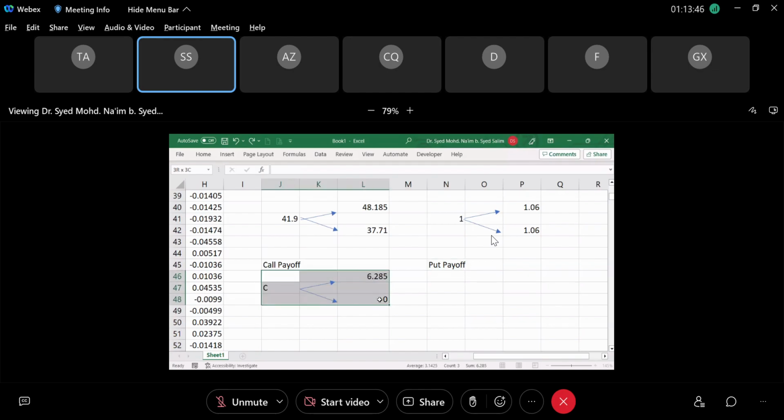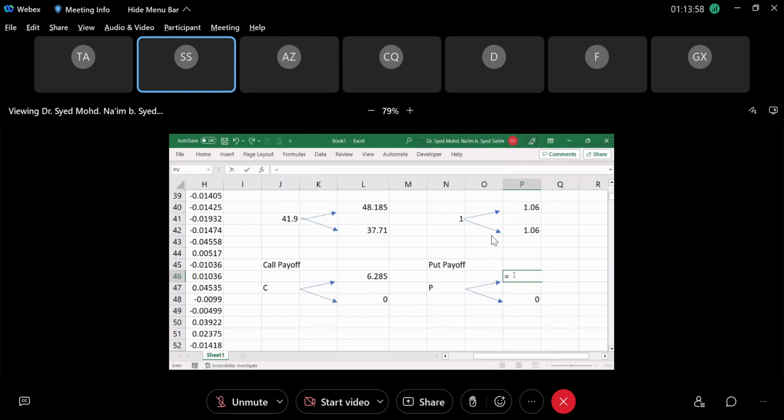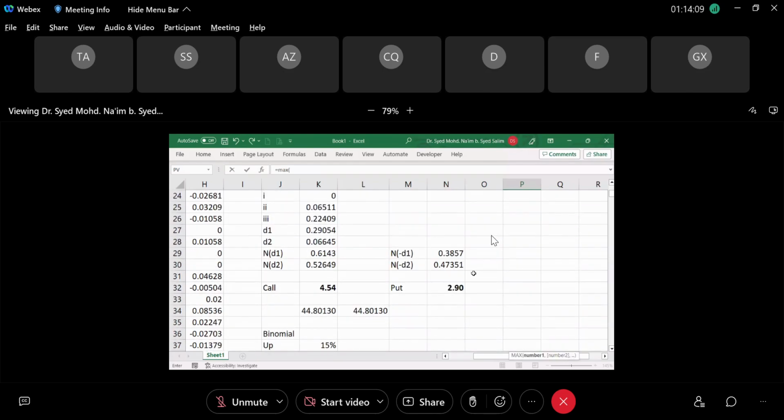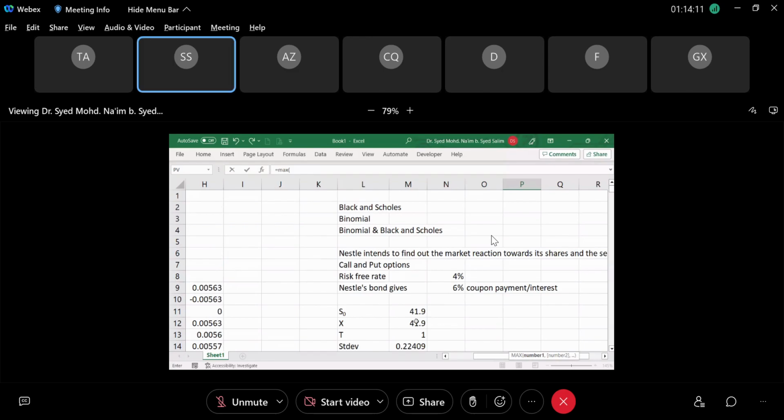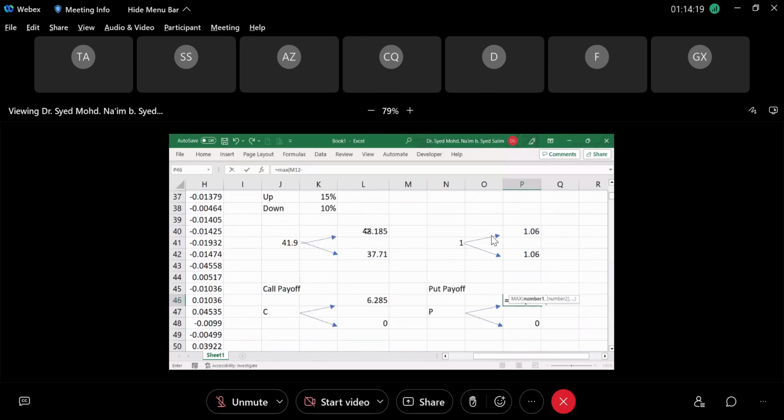Then for put payoff, let's go that here, goes P, there, here, change that to put. Now we have a new formula which is equal to max. It's the other way around, so strike price minus that or 0.